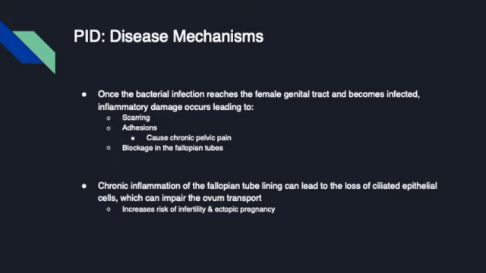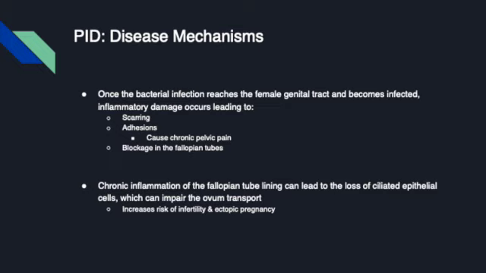Next, let's talk about the disease mechanisms of PID. Once the bacterial infection reaches the female genital area, an inflammatory response and damage occur, which could lead to potential scarring and adhesions, which will cause chronic pelvic pain or blockage of the fallopian tubes.